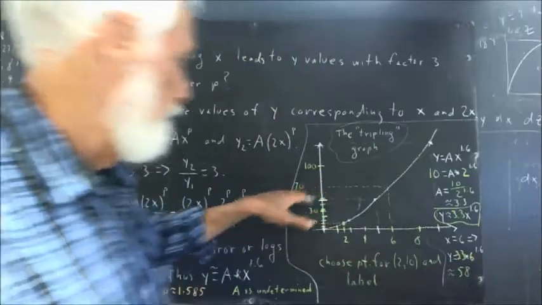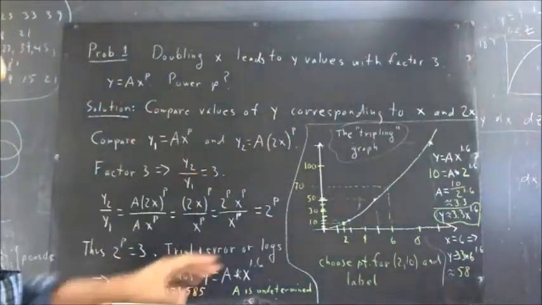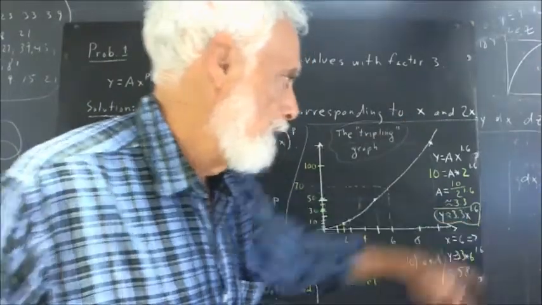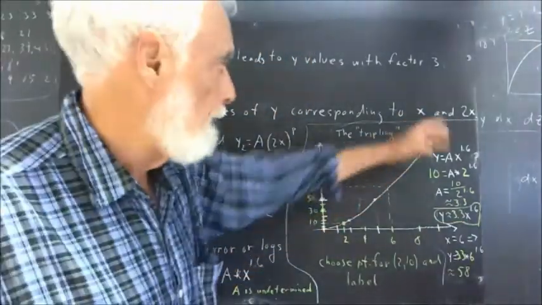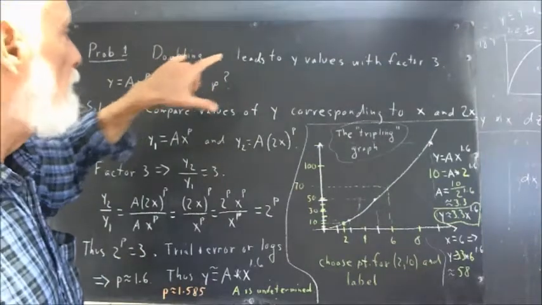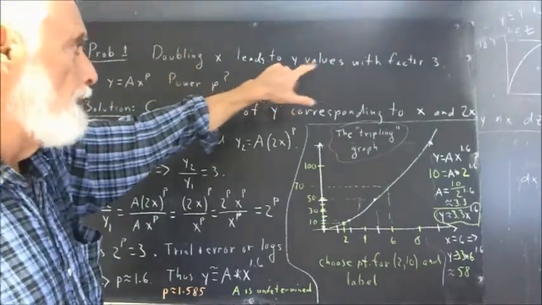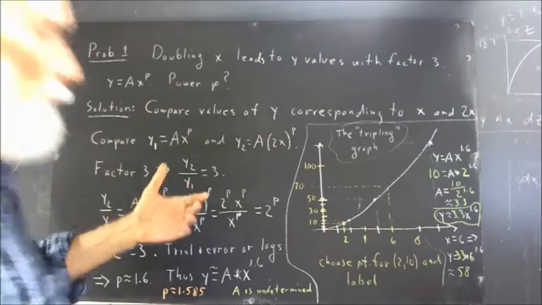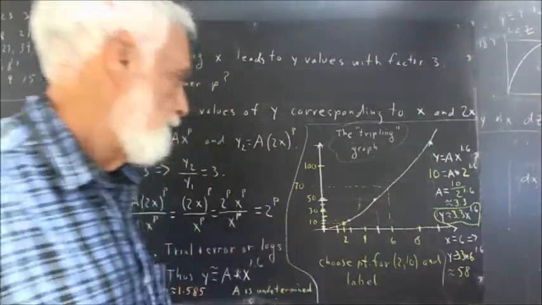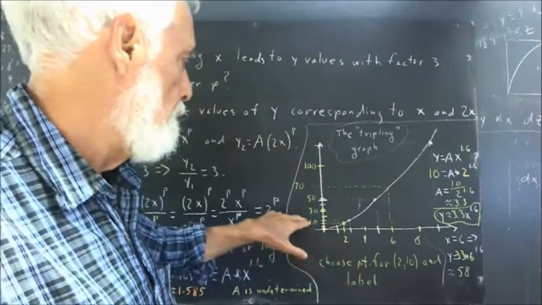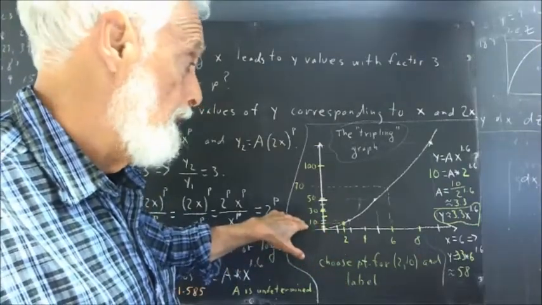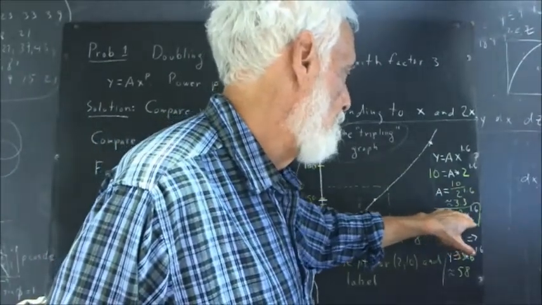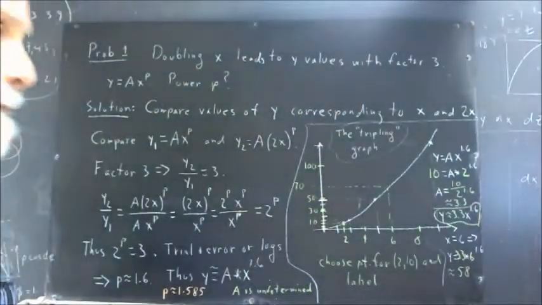This is close enough to our estimate to confirm what we hope to be true, that y equals 3.3x to the 1.6 is a pretty good model for a graph where y values triple when x values double, and then the specific result that if x equals 2 gives you y equals 10, then the specific function is y equals 3.3 times x to the 1.6.